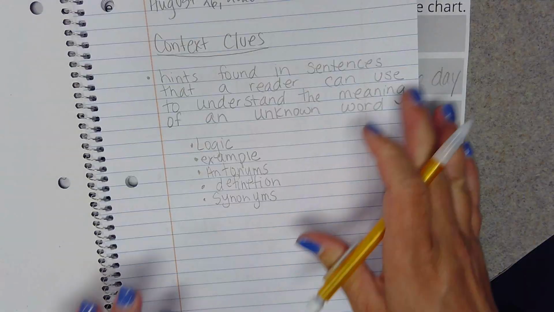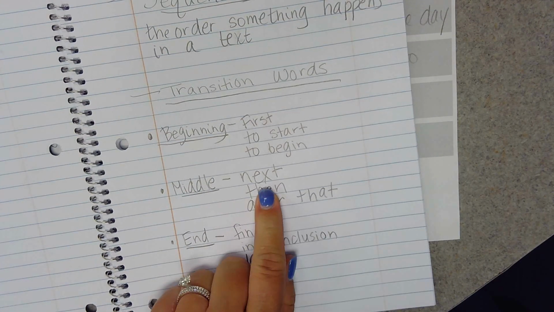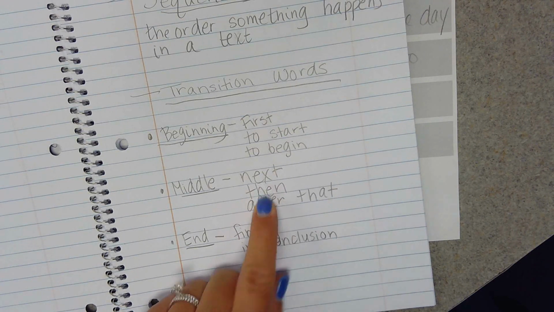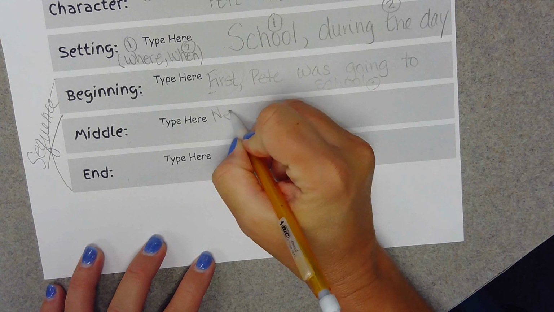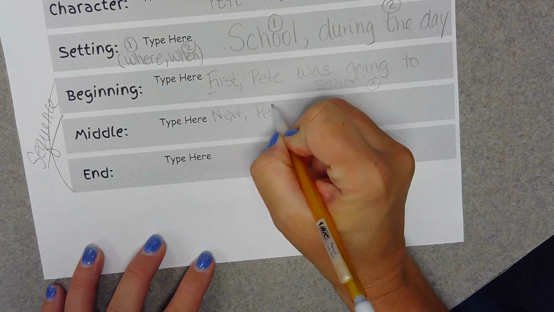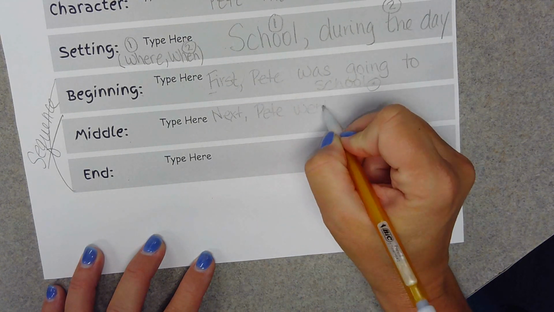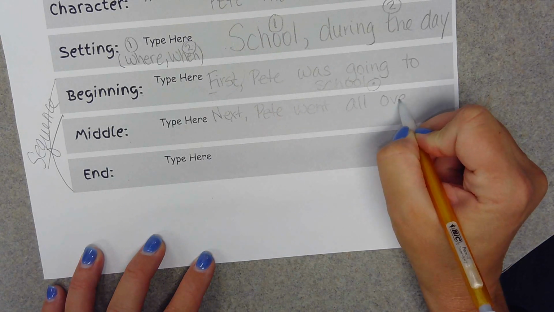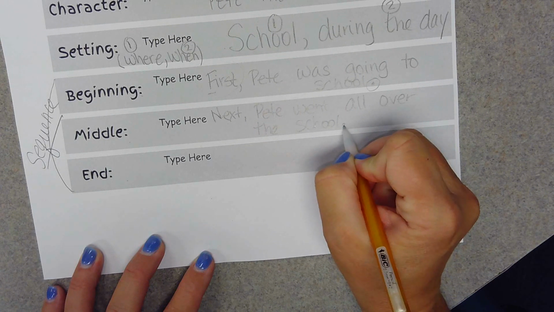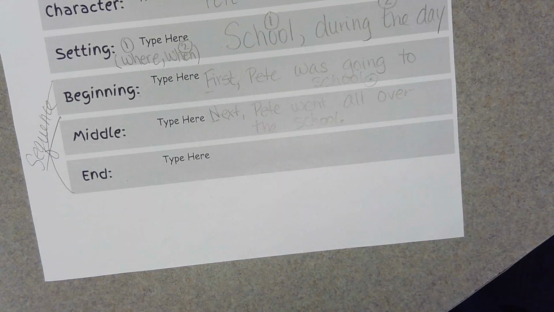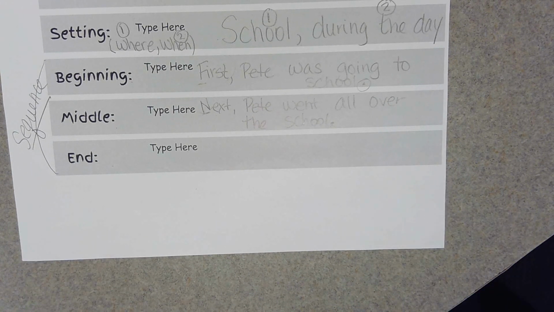In the middle: next, then, or after that. Maybe I'll use next. Next, Pete went all over the school. Again, capital letter and period. And there's my transition word, next.